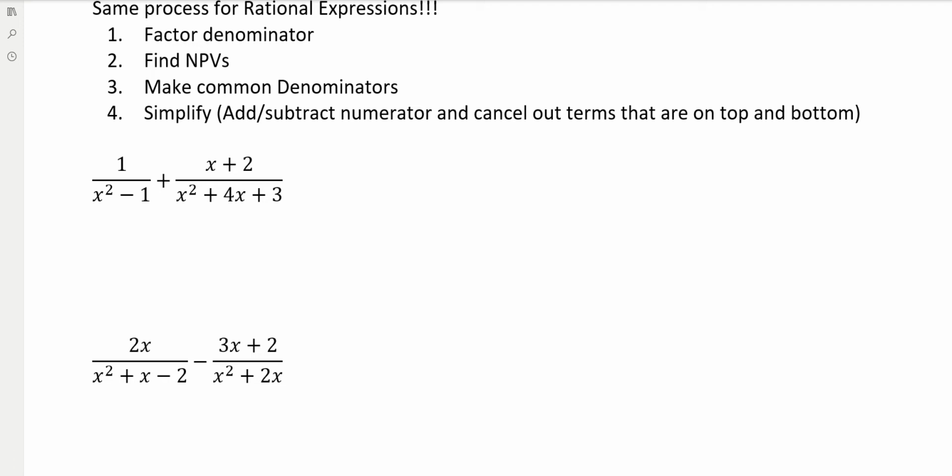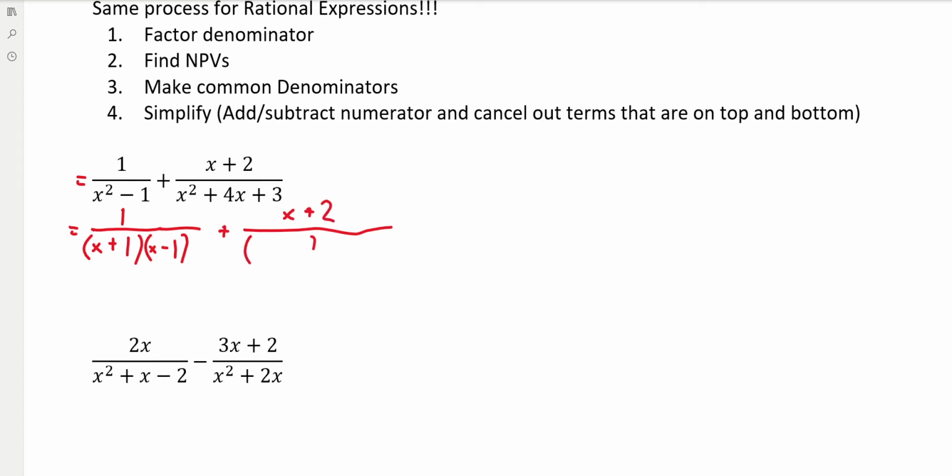Okay, so first step here is we want to factor the denominator. Let's do it this way so it's a little bit more clear. We're going to do 1 over, and this first one is the difference of squares. So square root the first term, which gives us x, and then square root the second term, which gives us 1, and so we put plus, minus, plus x plus 2 on top.